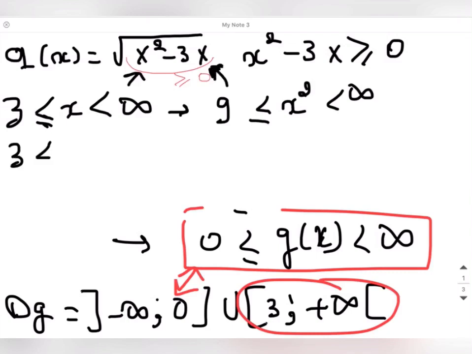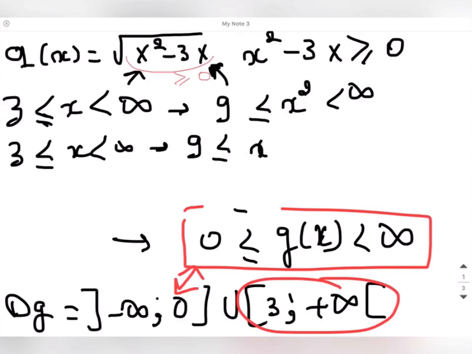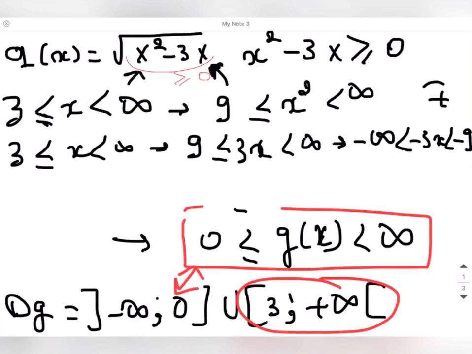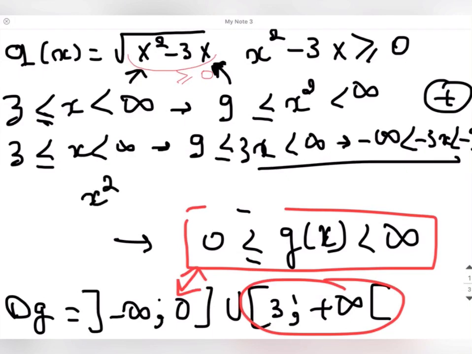If x is between 3 and infinity, so 3x is also between 9 and infinity, so minus 3x is between minus infinity and minus 9. Okay, add these two together, we get that x squared minus 3x is between minus infinity and infinity.